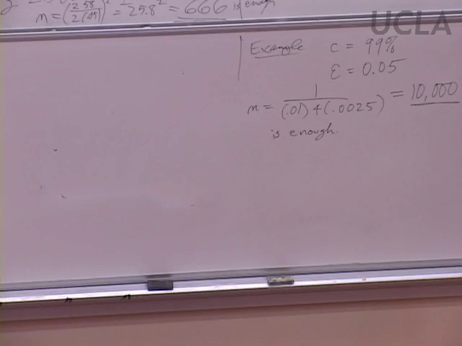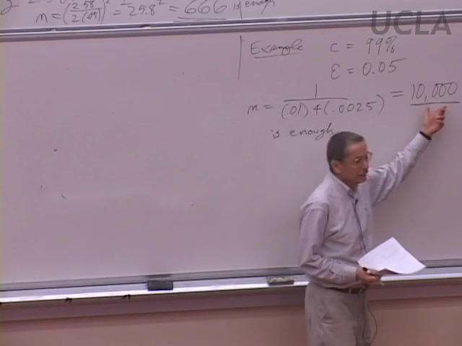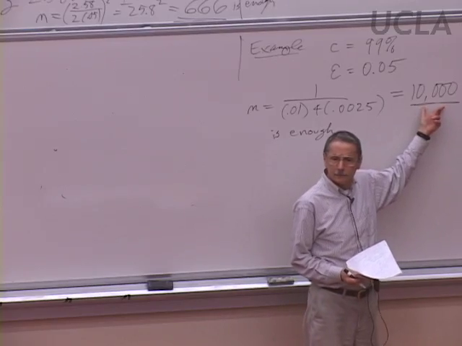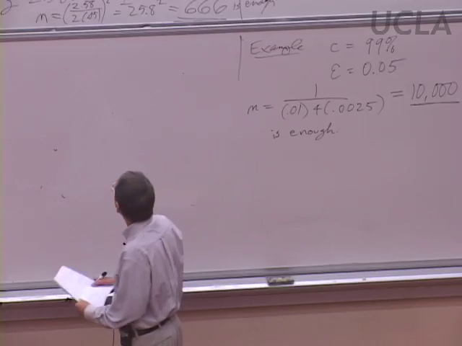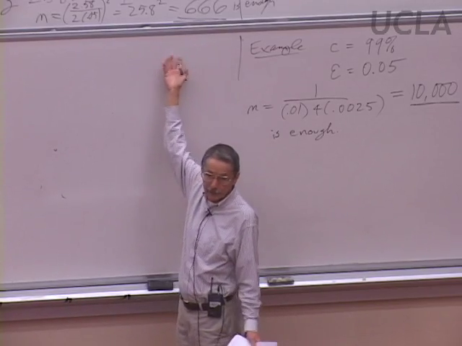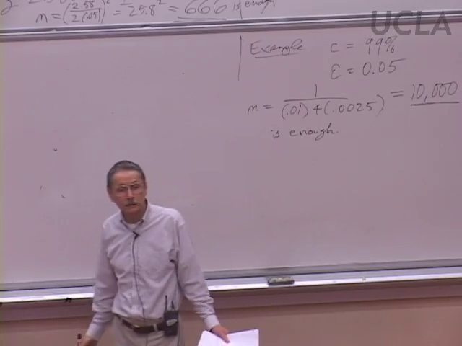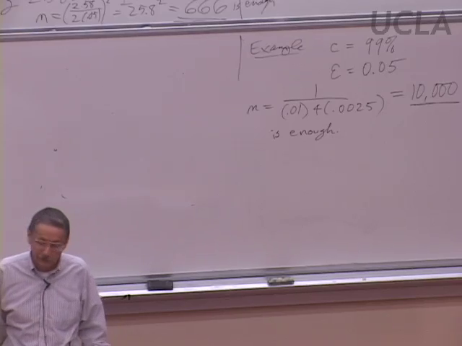Different answer, right? Well, they're both correct. That is, taking n to be 10,000 would be enough to be 99% confident that the error is this small. But a study of size 1/15th of that, only 666, I mean, beastly as that is, it would be enough.